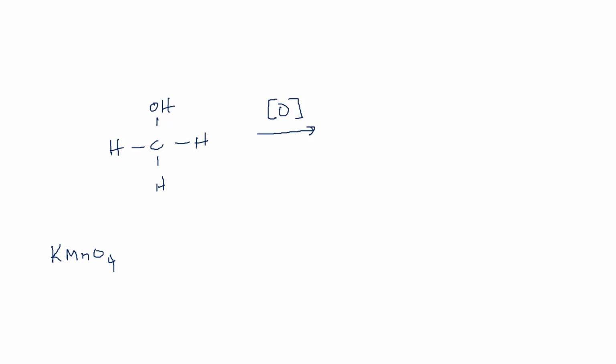And another one, which we try not to use as much, is chromic acid, which is carcinogenic. The potassium permanganate is a real purple solution. We generally mix that with some base. So these are fairly strong oxidizing agents.